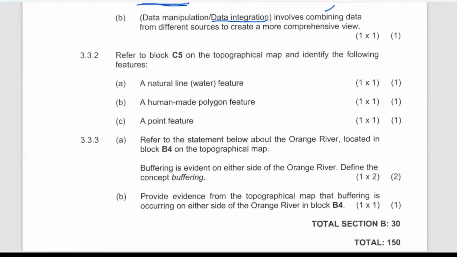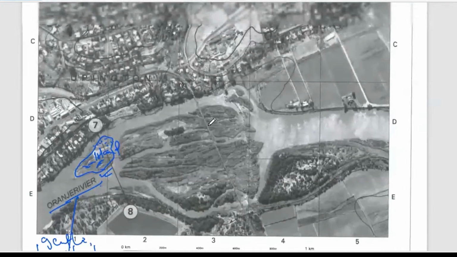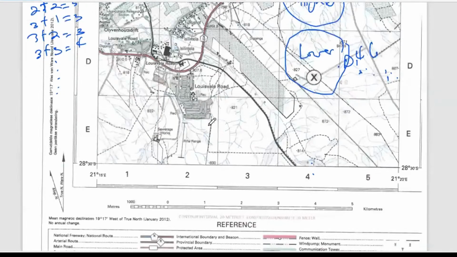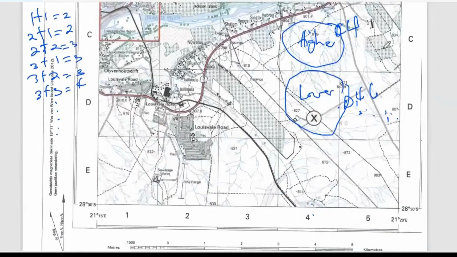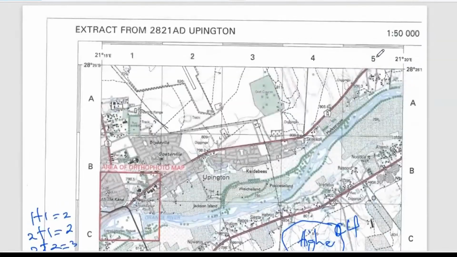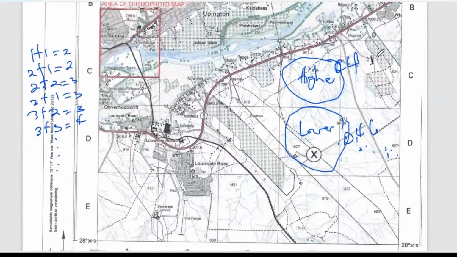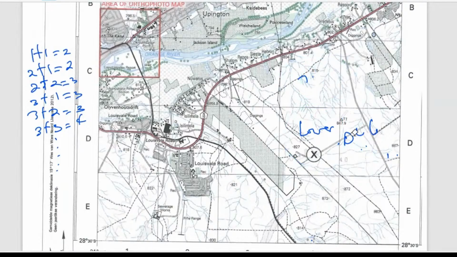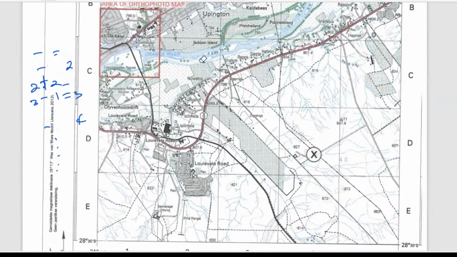Refer to block C5 on the topographical map and identify the following features. Let's go to block C5. Our block C5 is here. We want to identify a natural line feature, which is a water feature.